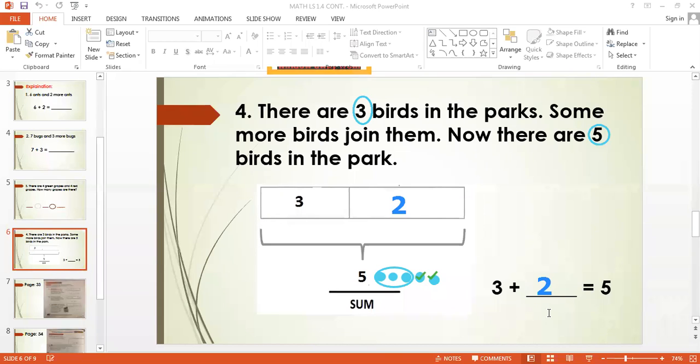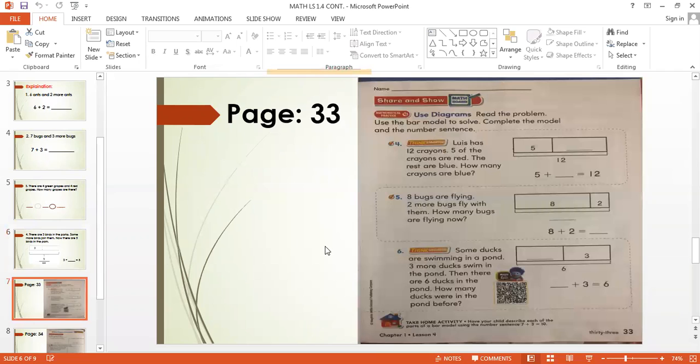Now open your books, page 33. Everyone, open your books. Page 33.